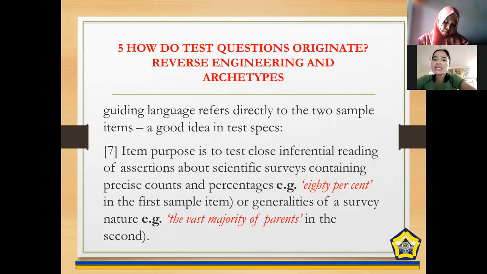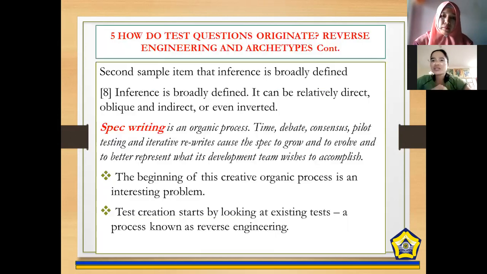Here, the item's purpose is to test close inferential reading of assertions about a scientific survey containing precise counts and percentages, for example, 80% in the first sample item, and the generalities of the survey nature, for example, the vast majority in the second one. So next.